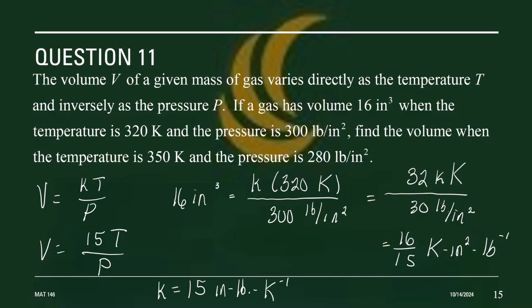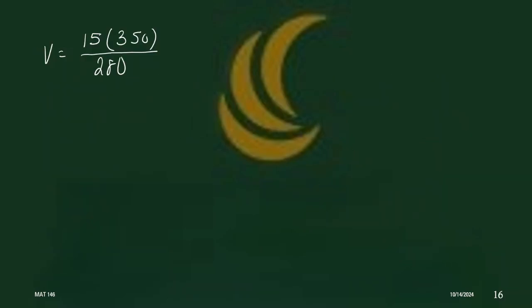And so 15 times 350 all over. What did you say the pressure was? 280. That's also a lot of pressure. So 15 times 35 over 28. 35 and 28 have a 7 in common.